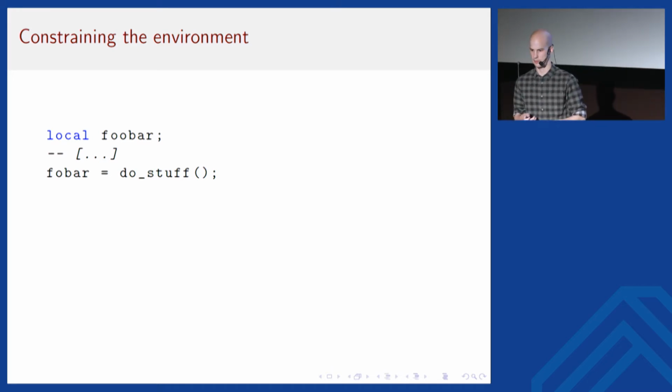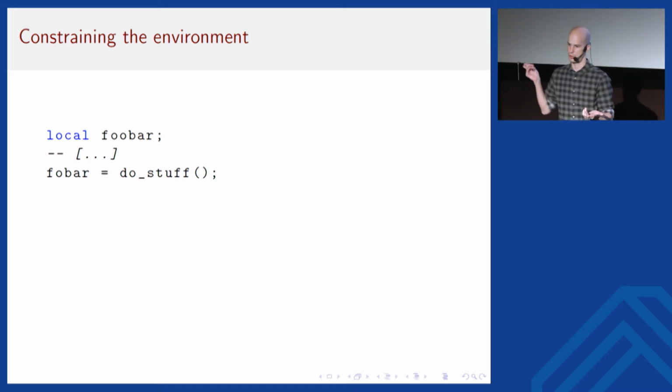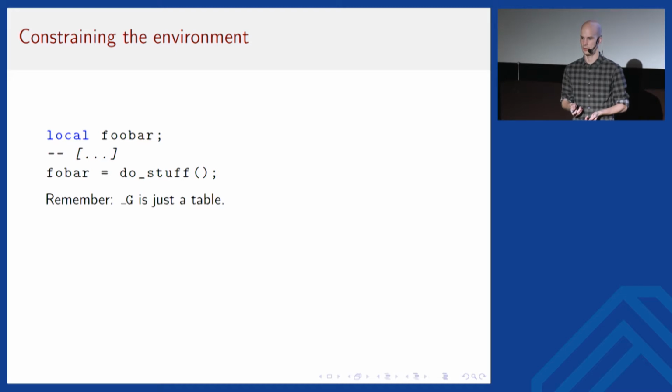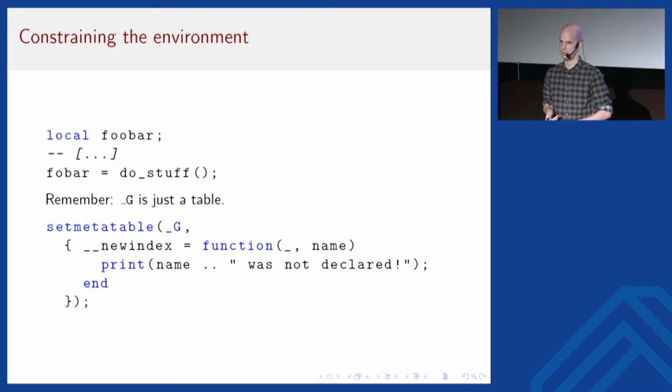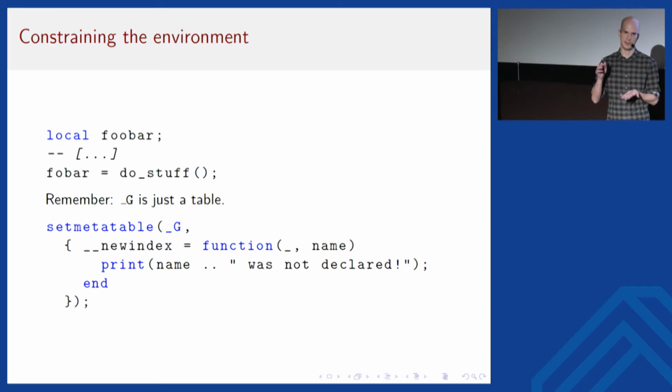But remember that assigning to global variables is just creating entries in a table. So since _G is just a table, I can assign a metatable to _G that actually forbids setting new global variables on here. And the Lua developers actually provide a module that allows you to do just this. And then the idea is basically that you restrict the places in your program where you can declare new global variables.